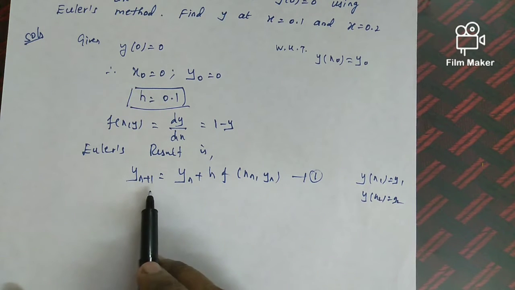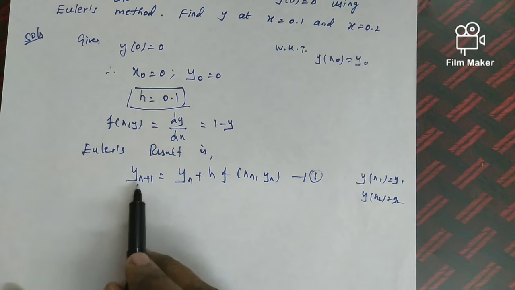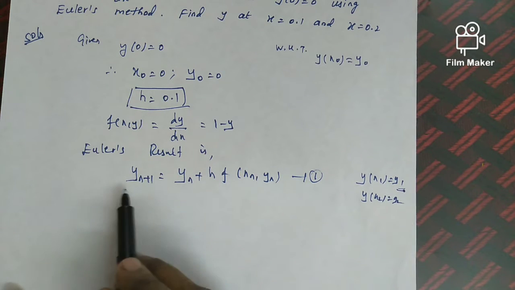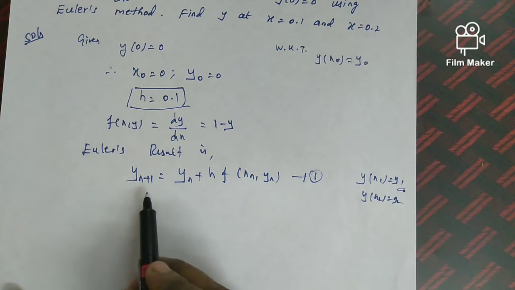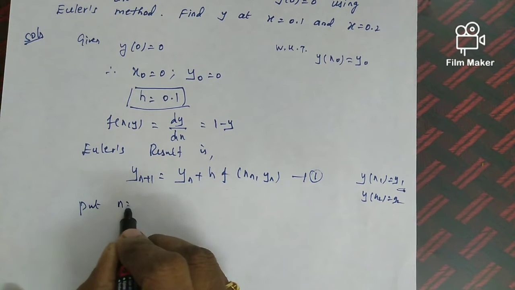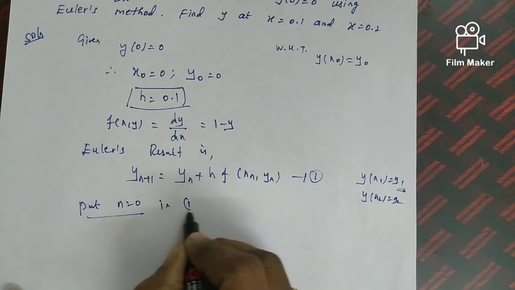So to find the first value y1, we can give n equal to 0. Is it clear why we are substituting n equal to 0? We are going to find the value of y1. How to get y1 here? Put n equal to 0, we can get y1. That is the reason why we are substituting n equal to 0. So put n equal to 0 in equation 1.